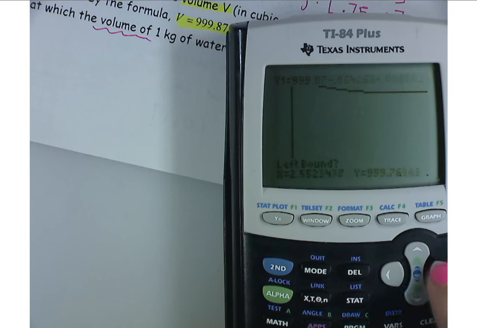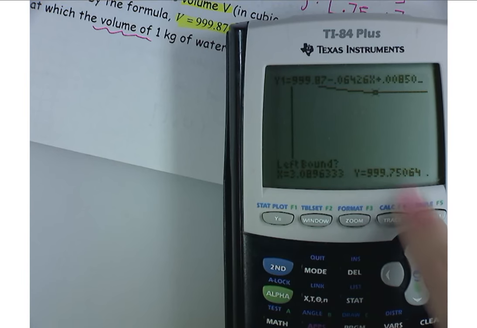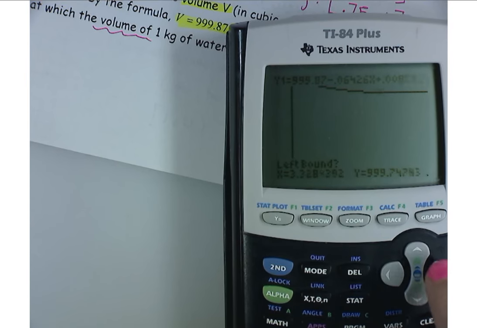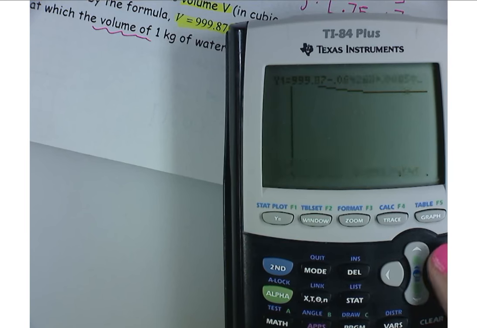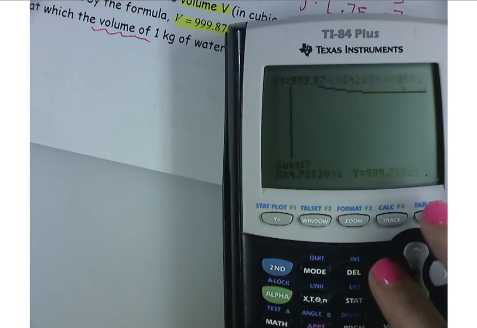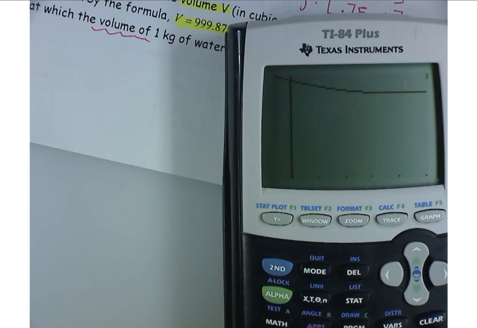And you can look here and you can see if the points keep decreasing. See how it's like 0.750, now 0.74, 0.746, 0.745. It's going to keep decreasing. So I might do my left bound here, and then my right bound here, and then try to find that spot in the middle.